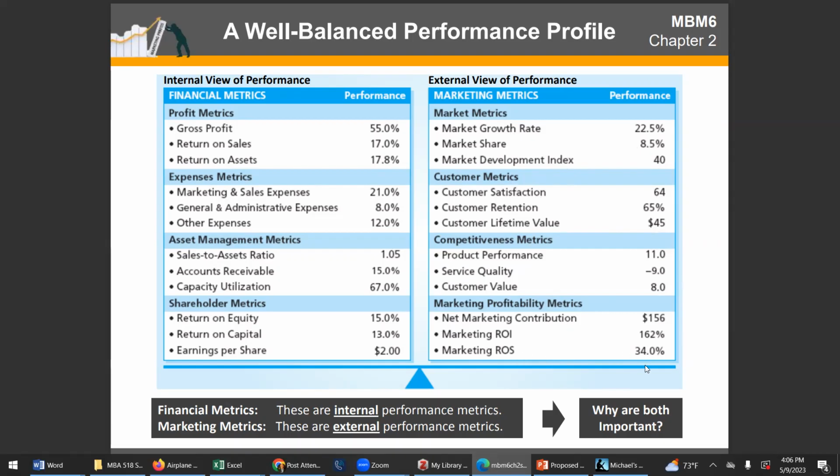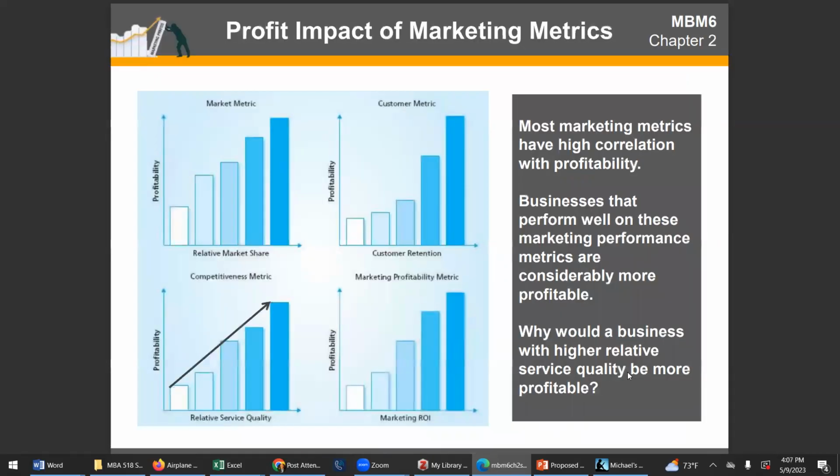So one element that marketing metrics add is it gives us the external perspective, which is sort of the other side of the financial metric coin, if you will.